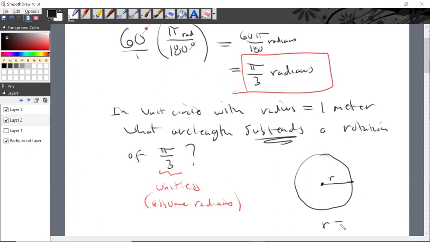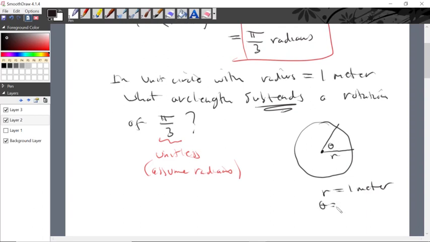So if r is equal to 1 meter, if we were to rotate through an angle of pi over 3, which in degrees that would be approximately 60 degrees. So let's say this is theta right here. So we have theta is equal to pi over 3, which is equivalent to 60 degrees. So it should look like that amount of rotation right there.